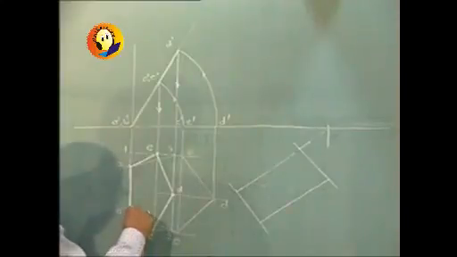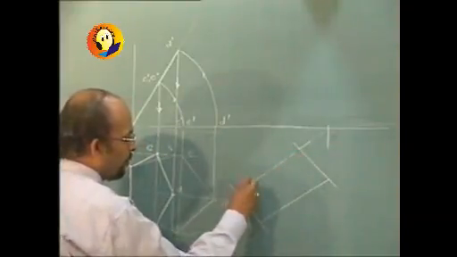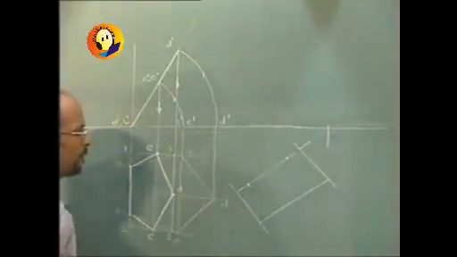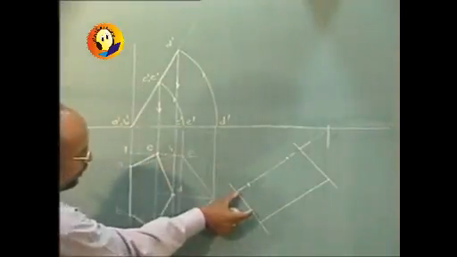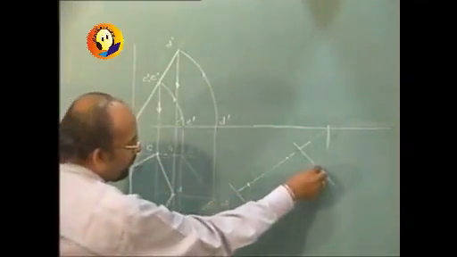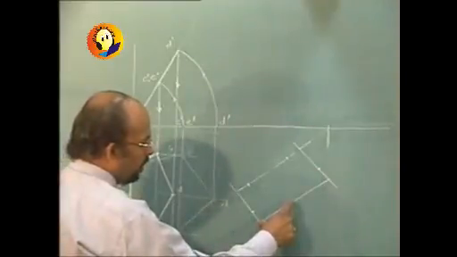Then you can take a distance equal to 1A, which is same as 2B, and mark. You can take distance equal to 2C, which is same as 1E, and mark it. And then you can take distance equal to 3D and mark it.